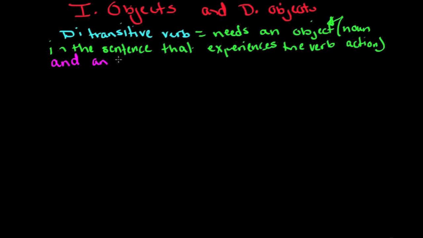an indirect object. I'm going to shorten that with IO, an indirect object.